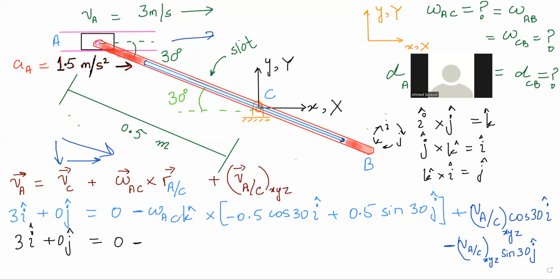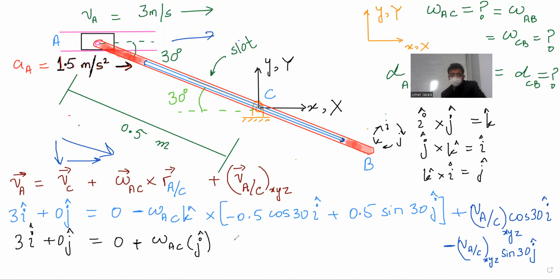Oh, come on. K cross I is j. Yes, k cross I is j.